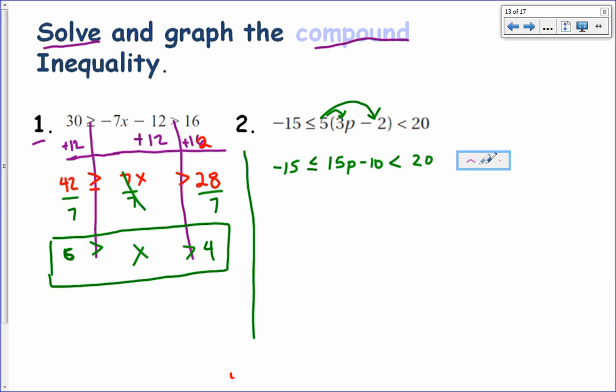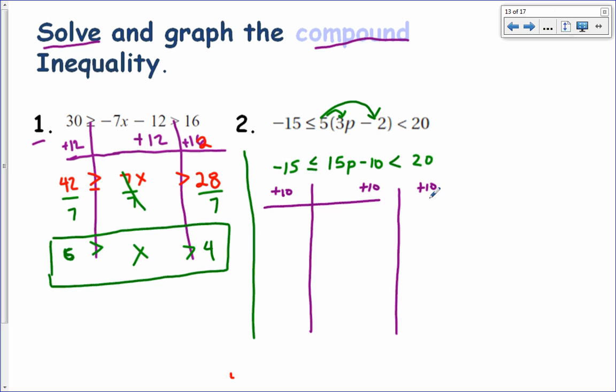Change to a different color, back to purple. I'll put my lines here to show where I'm dividing up my different sections. I'm going to add 10 on all three parts. So I'll get 30. This will cancel out to make 15p, and I'll get negative 5 here. So my new inequality says this.